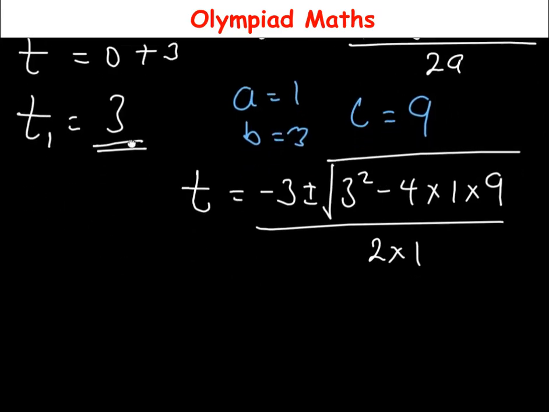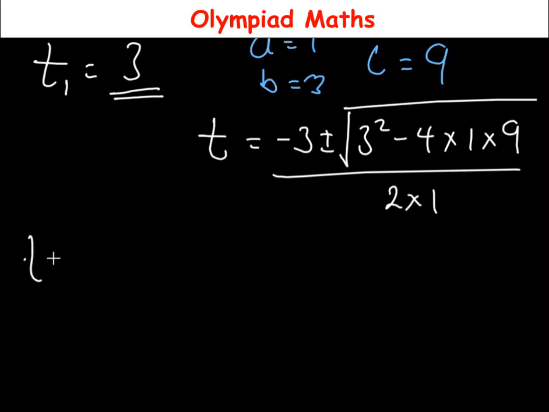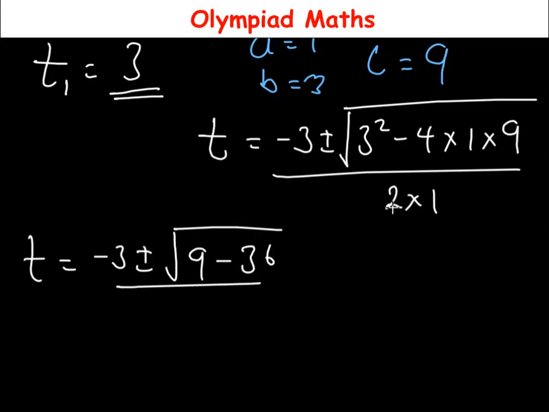So with this, the value of t is equal to minus 3 plus or minus square root 3 squared is 9, minus 4 times 1 times 9 is 36, then all over 2 times 1 is 2.